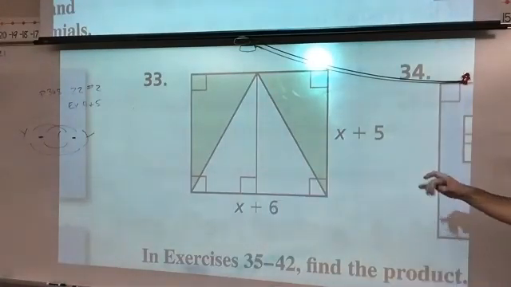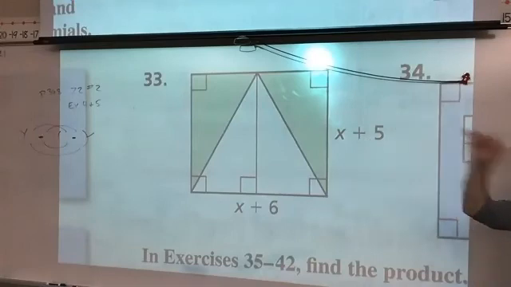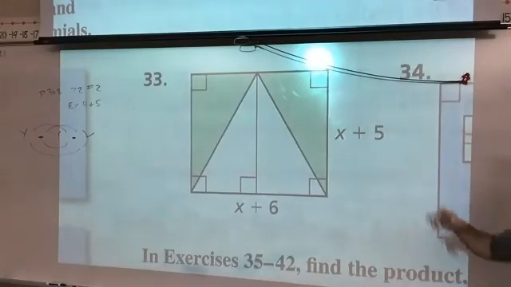All right, talk, somebody figure it out. I want the area of the green sections. It's a shaded section.